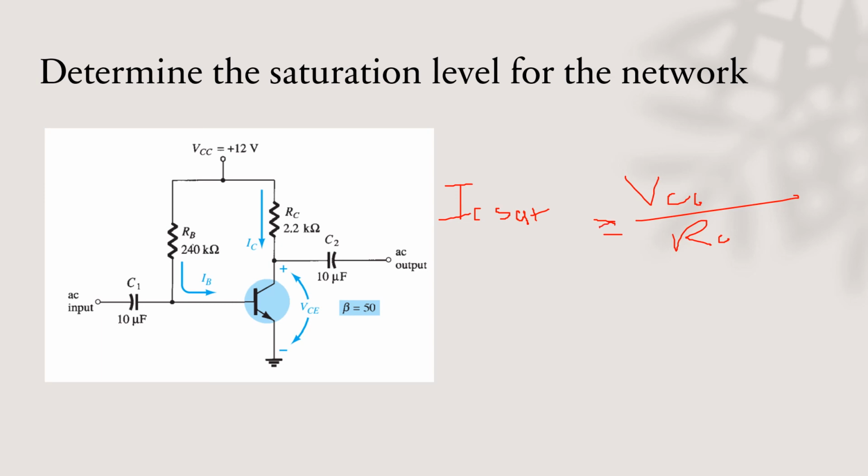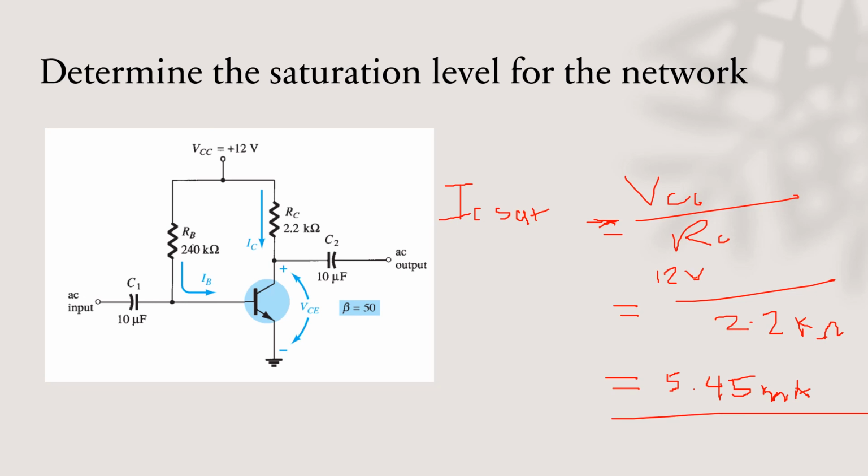Our VCC is 12 volts and our RC is 2.2 kilo ohms. So the answer would be 5.45 milliamperes. This will be the collector current saturation level.